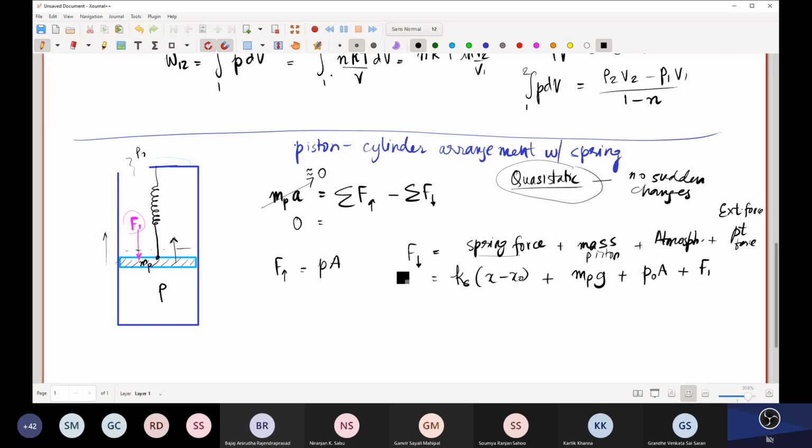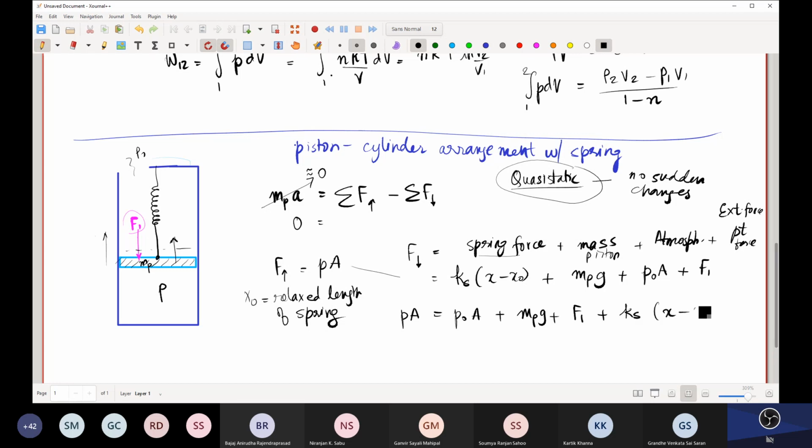All right. So when this is the case, what is x naught? X naught is the relaxed length of the spring. So when we equate these two, we have P times A equal to P naught times A plus mass of piston times g plus F1 plus spring constant times x minus x naught.